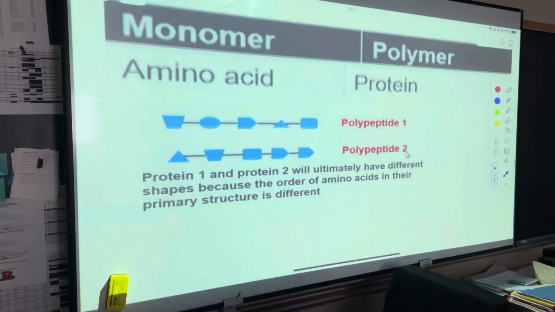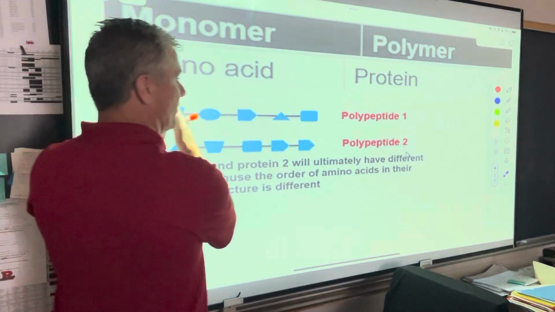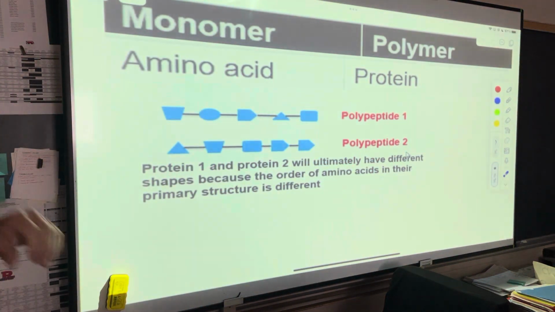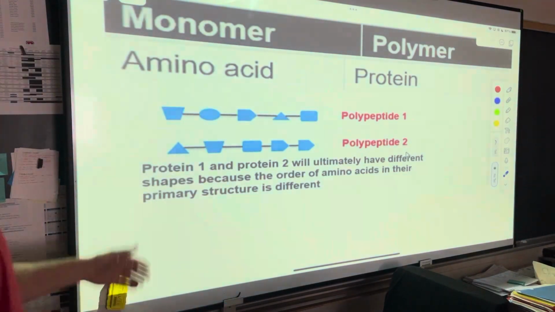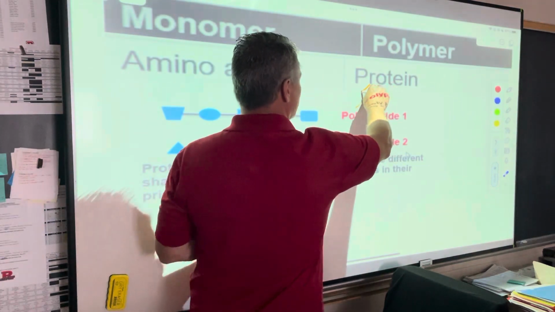Now, the smallest part of a protein, its monomer, is an amino acid. There's 20 of them. 9 are essential, that we have to eat from somewhere else, and 11 that we can make with our own bodies. And what you need to know, remember, is that the arrangement is key. Just like in nucleic acids, the arrangement's key. If the amino acids are arranged in a certain way, you're going to get a certain polypeptide, which is just a fancy way of saying this.